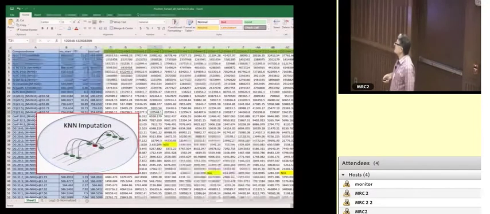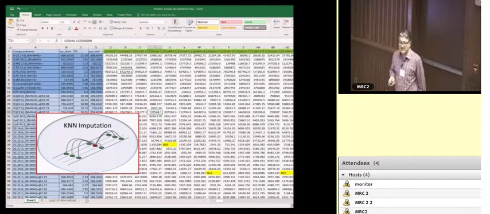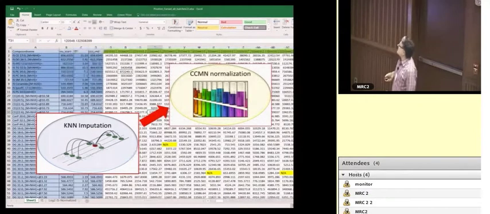So we used a K nearest neighbor imputation technique that was followed by internal standard normalization. The rationale for internal standard normalization was that we saw some minor batch effect that required normalization, and we thought that the best method of eliminating that batch effect was by using the internal standard for that purpose.